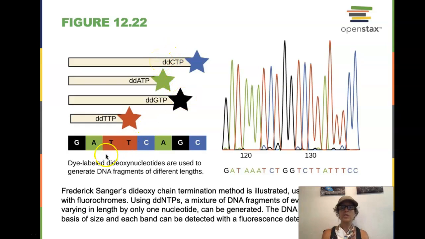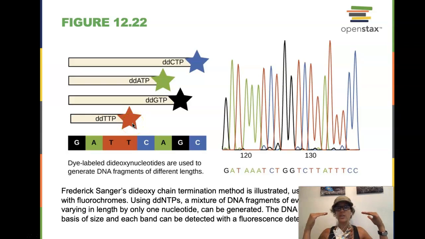You mix this with single-stranded DNA that you don't know the sequence of. You mix it with the nucleotides to build a new strand and the polymerase to allow that to happen. And as the DNA is built, anytime a dideoxynucleotide gets introduced, the chain terminates.